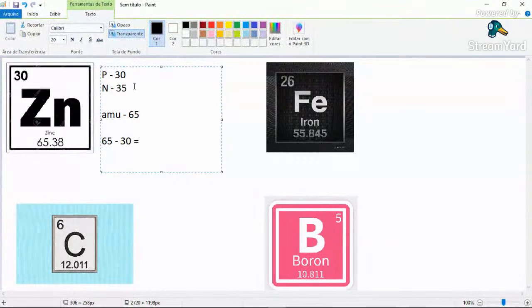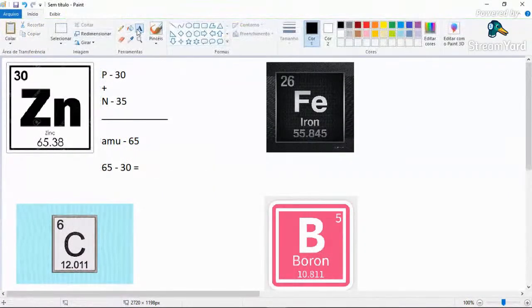So if I add a little addition there and put a little line, I'm going to get this answer right here. 30 plus 35 equals 65. Let's do a few more so you get a really good idea of how to do this.